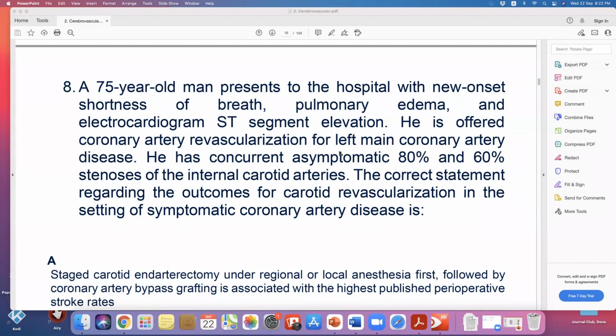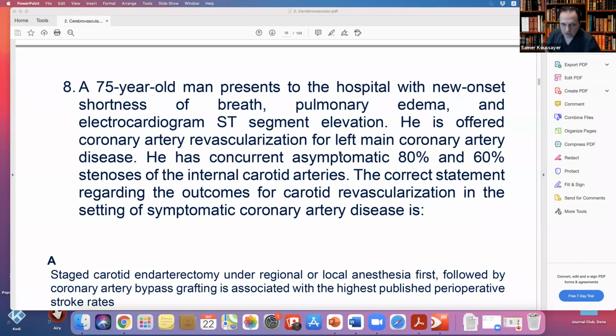I think for this patient, asymptomatic, one side, and left main, I will leave the carotid, send the patient to the cardiac surgeon, and leave the carotid for after. If it was symptomatic, we would discuss it. But what they want to ask is, if your patient needs carotid surgery and CABG, should we do it before, during, or after surgery?